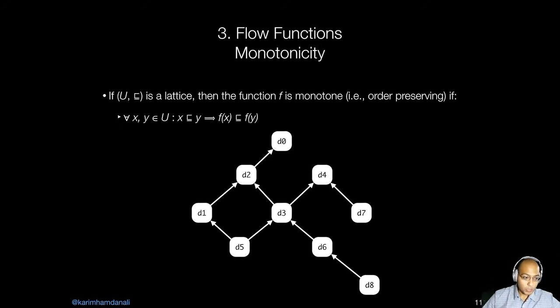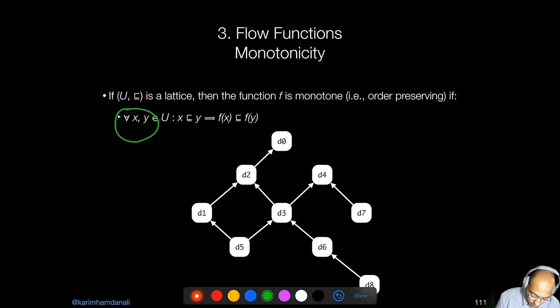If you have a poset U with a binary ordering relationship, and this poset is a lattice, then the function f, whatever function you have, is monotone, meaning that it will preserve the ordering, if the following condition is true.